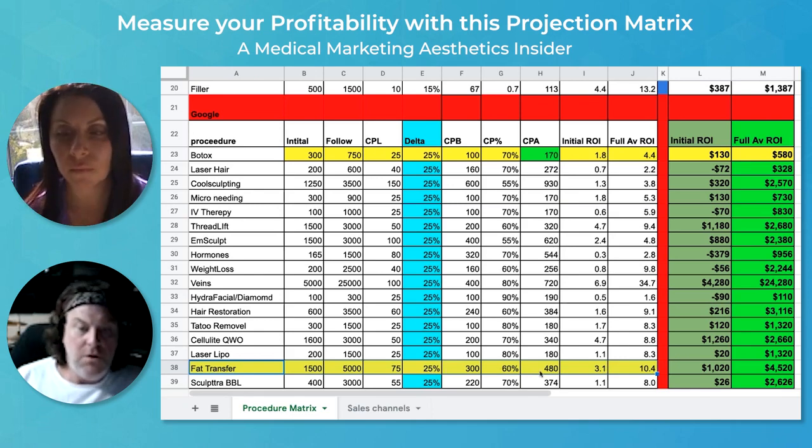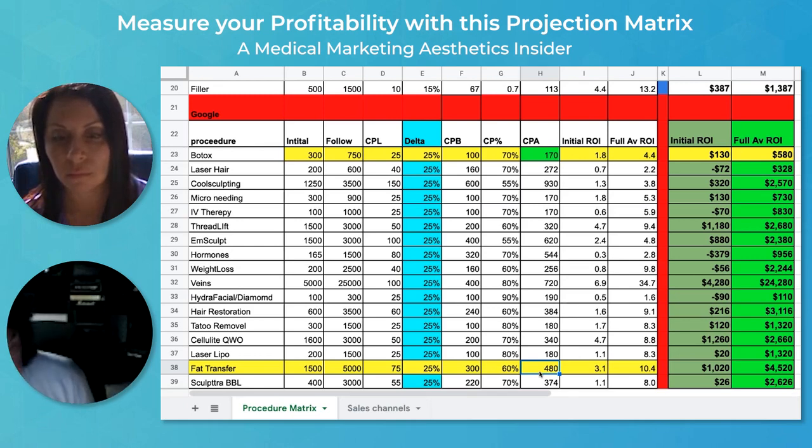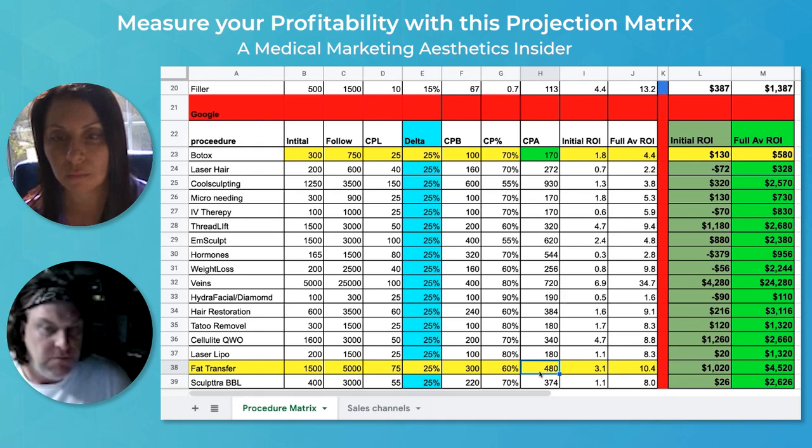Even though the cost per acquisition is $480, the time to get that person over is short, because they've probably done their research, watched a bunch of videos, looked around, and then they see an offer. When they finally decide that they want to make that zero moment of truth and click the button to contact you, the chance of this person converting over is pretty good. The return on investment is pretty good.